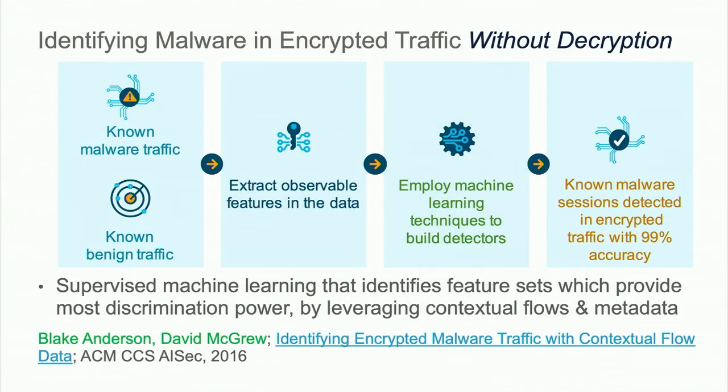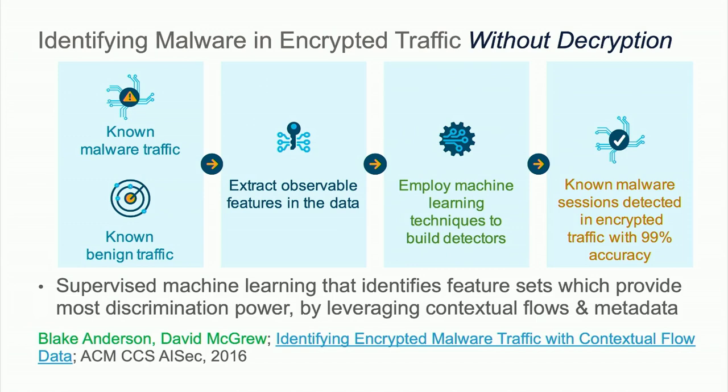So once again, the problem is, can we identify malware in encrypted traffic without requiring decryption? Turns out this is a very nice supervised machine learning problem, because we have large amounts of known benign traffic, let's say good traffic, and large amounts of malware traffic from Talos, which I just described to you a couple slides ago. So you have large amounts of both.